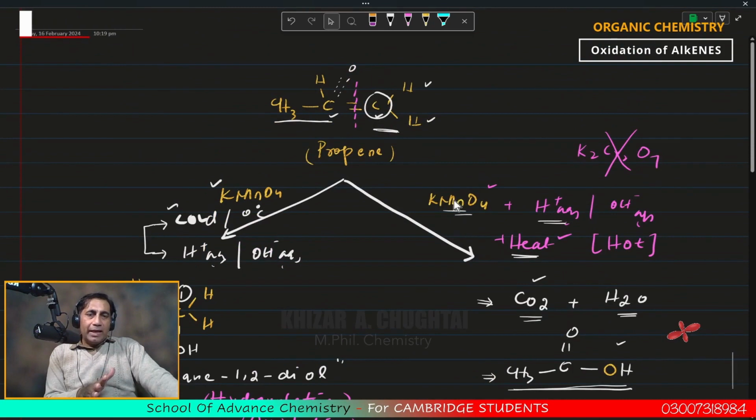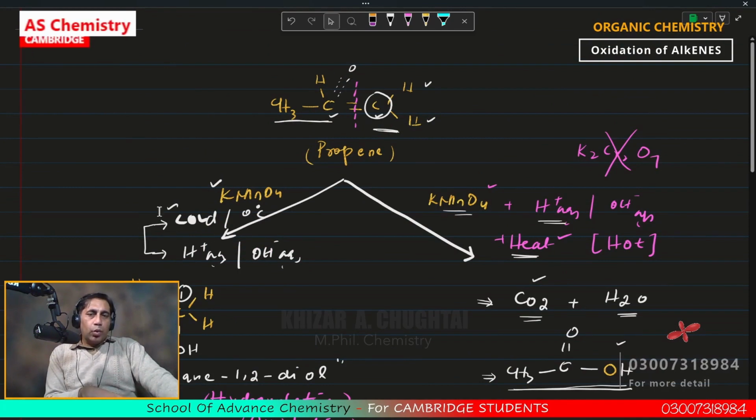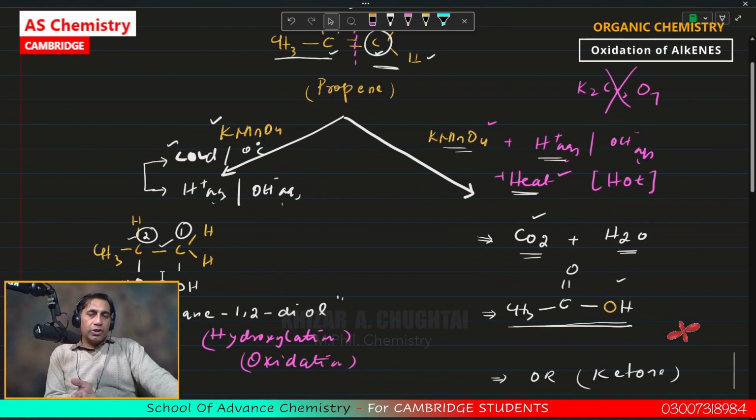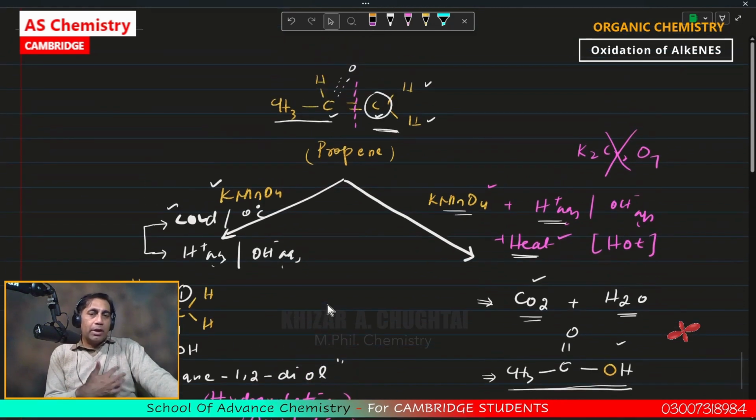If we are having alkene, then we can oxidize alkene in two ways. If we are using the cold condition, there is only one product. There is introduction of two OH groups on the doubly bonded carbon atoms, and one of the double bonds is broken.